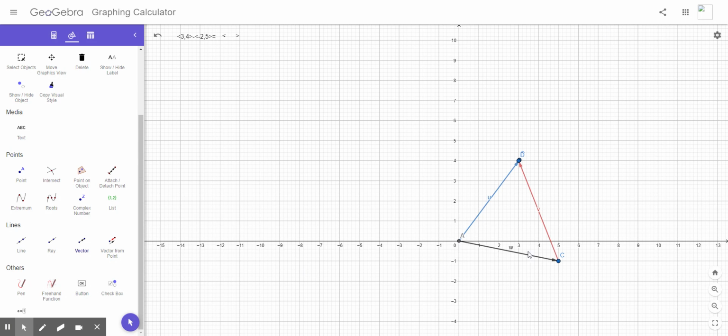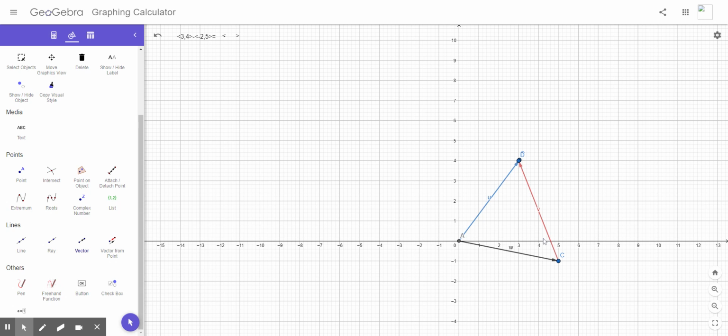From where I started to where I ended, to the beginning of vector u, from the beginning of vector u to the initial point of vector v. So first vector to second vector.